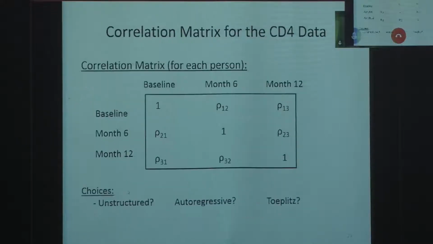And when I say they're correlated, the program will estimate the degree of correlation, but whether there's any structure to the correlation is up to you to specify. So again, play it safe, say unstructured. There's only 3 numbers to estimate. Seems pretty reasonable. If you had more follow-up time points and you didn't have a big data set, maybe you want to preserve the power, you might say autoregressive or Toeplitz.